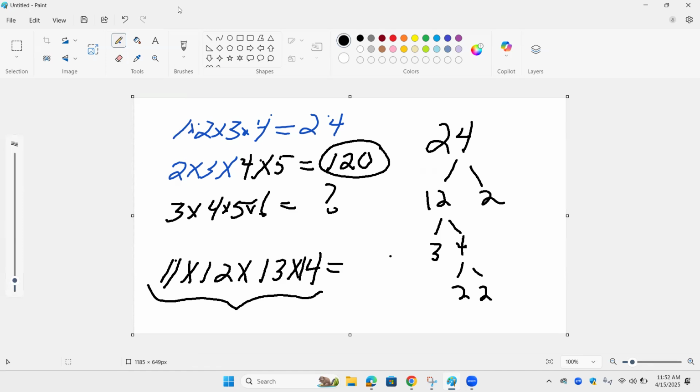Now I want to do the prime factorization. I'm gonna look at those together. So actually, let me color these in maroon.